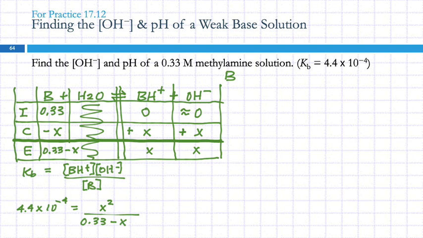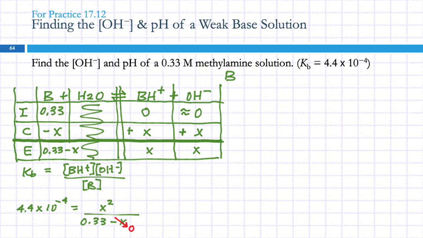So I want you guys to use the solver if you want to, and I'm just going to do x is small. So x is small says that we think this x is so small that subtracting it from 0.33 doesn't make a difference, like losing one peach off of a semi-truckload of peaches doesn't matter.